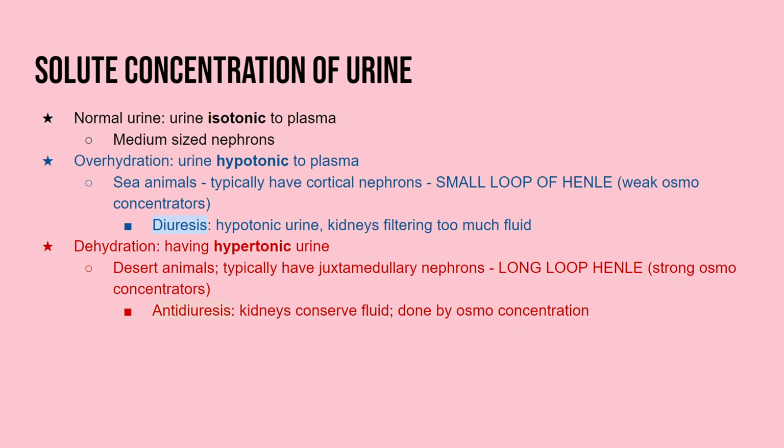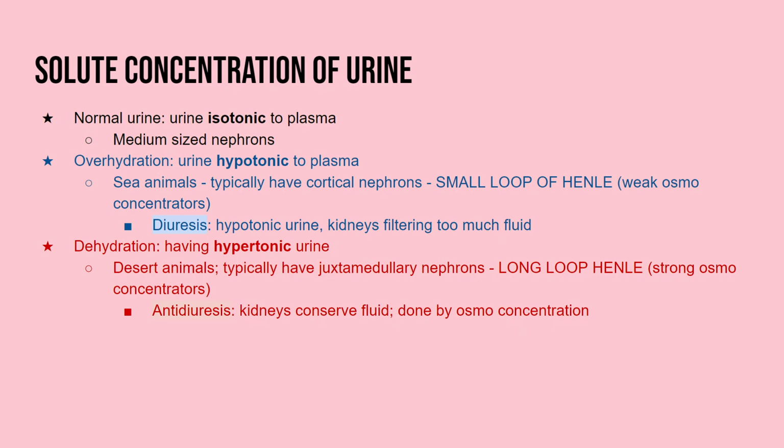But then there are also some animals that tend to have overhydrated urine. So that's kind of confusing, so I just wanted to point that out. But normal urine is isotonic to the plasma, meaning that the ion concentration of the urine and the blood plasma are the same. And this is like a medium-sized nephron. I'll have a visual of this soon.